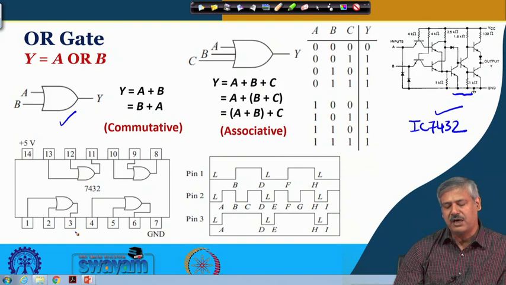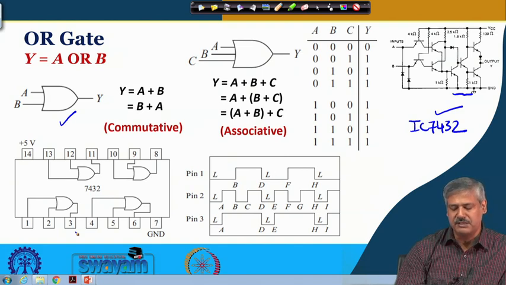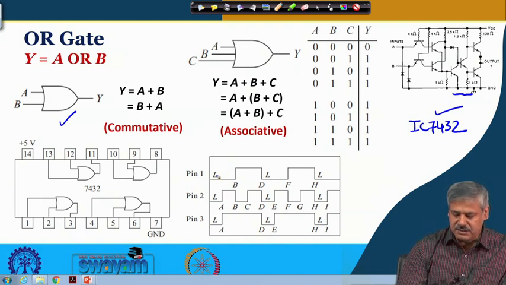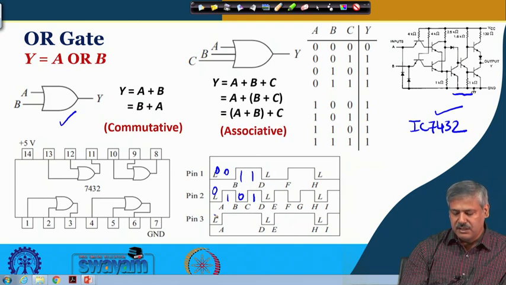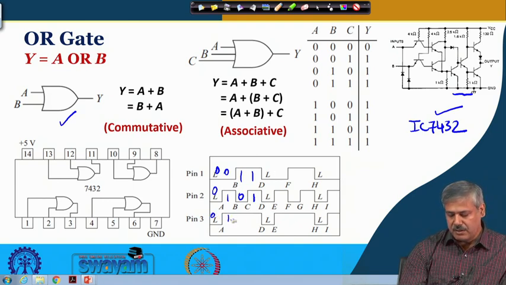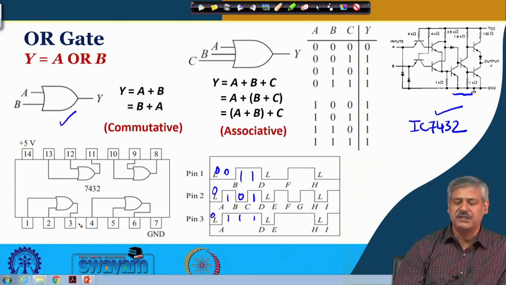Similarly, if we look at the 4 possible combinations at the input, the way the signal is presented to the input pins, you have 0 0 over here, 0 1 over here, 1 0 over here and 1 1 over here. For OR logic, if you look at the waveform, you will see that the output is 1 when any of the input is 1. That is what OR logic is.